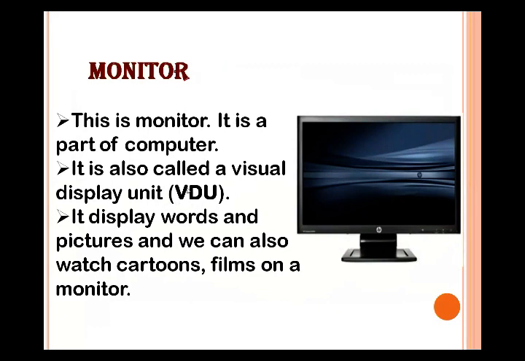It displays words and pictures, and we can also watch cartoons and films on the monitor. It looks like a television. As we see cartoons, movies, and dramas on TV, like this, we can see all of these things on the monitor screen of our choice. Whatever we want to see, we can see on the monitor screen.